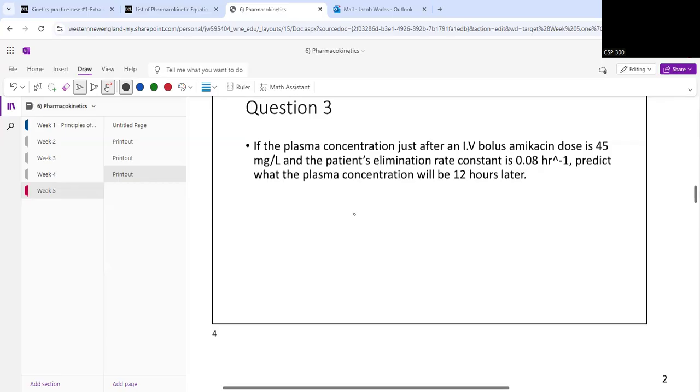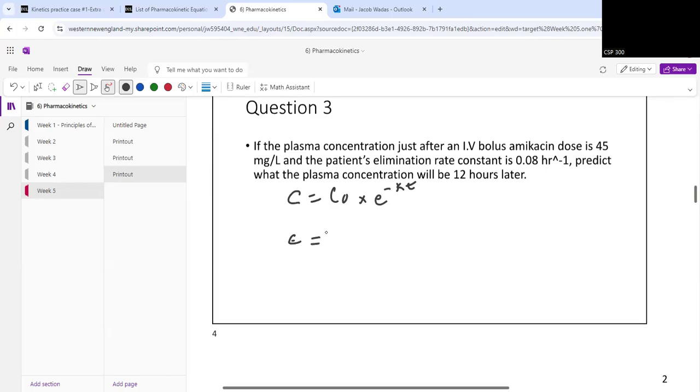We're solving for C, and then what do we know? We know C0. What else do we know? We also know K, very good. So which equation are we going to use?